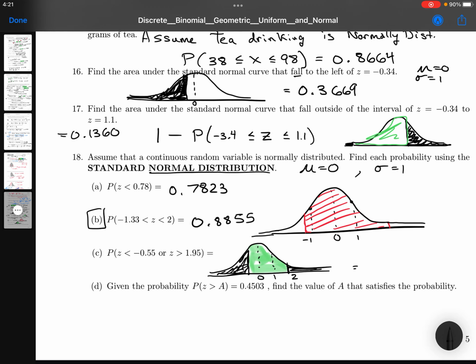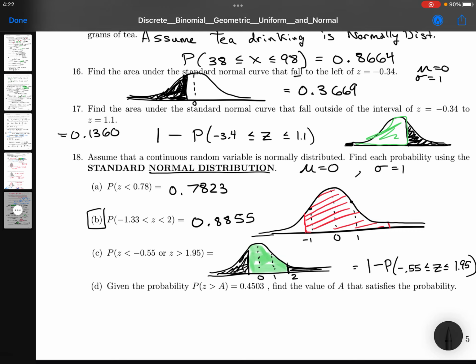So it's 1 minus the probability that z is actually between these guys. All right, so that's my method here. 1 minus this excluded area.